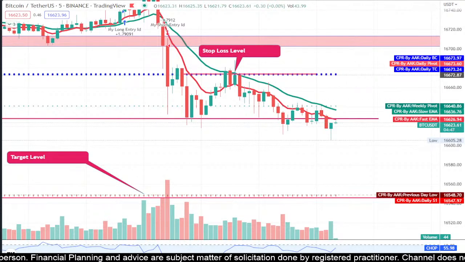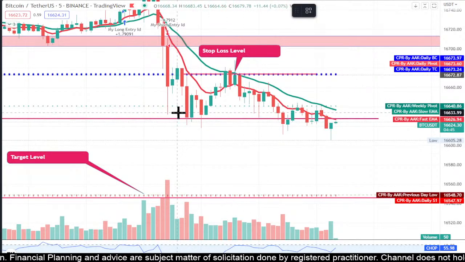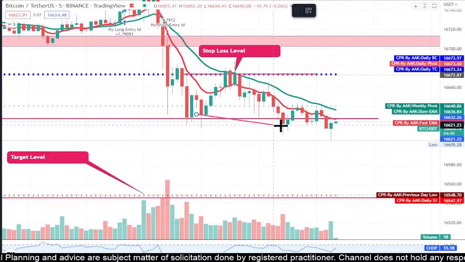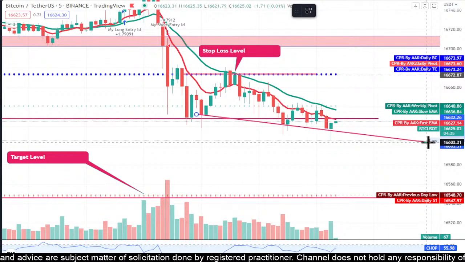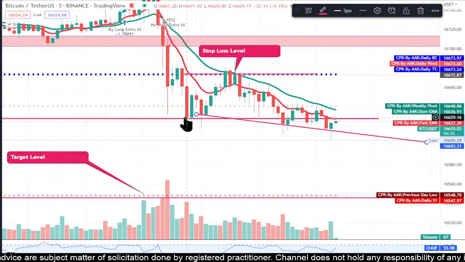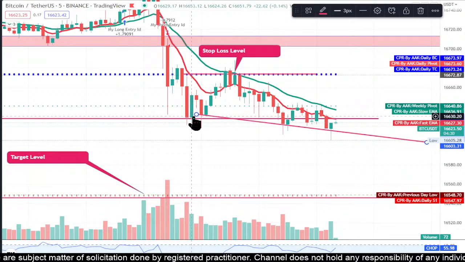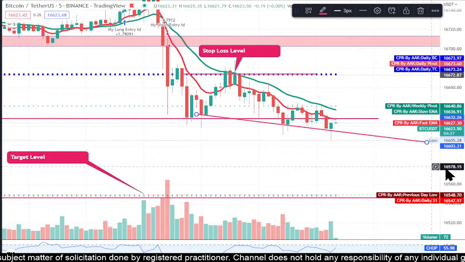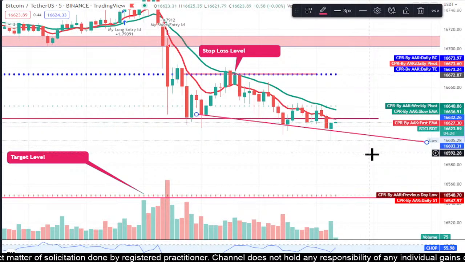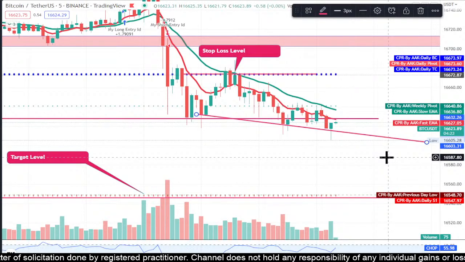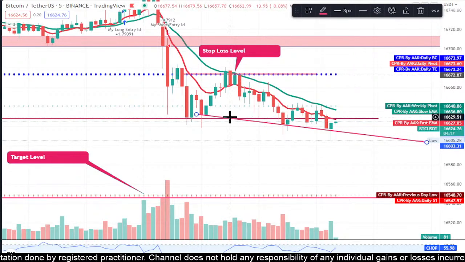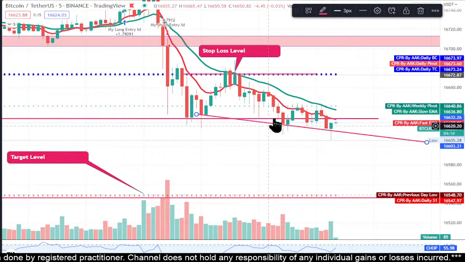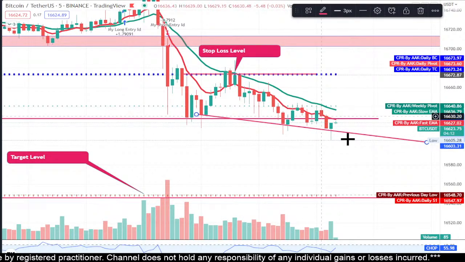All right, so this is the trend which price is creating. We may not be able to find it by looking at the chart normally. However, with the help of this line, we are able to understand that it is creating lower lows.